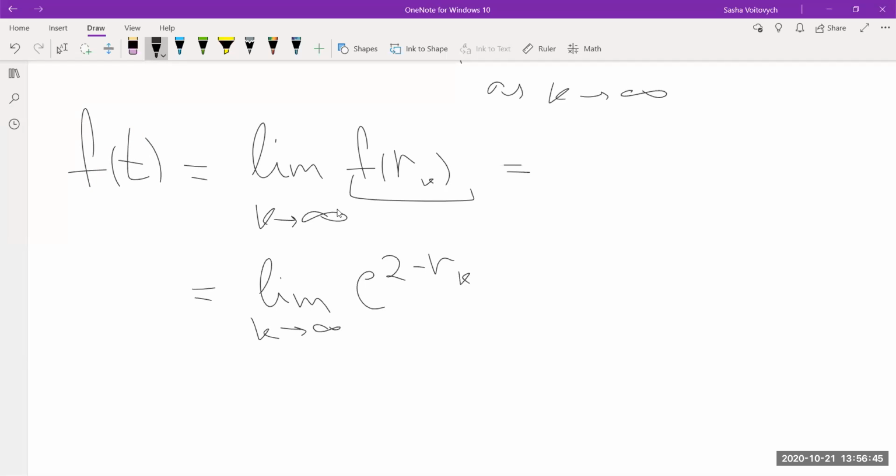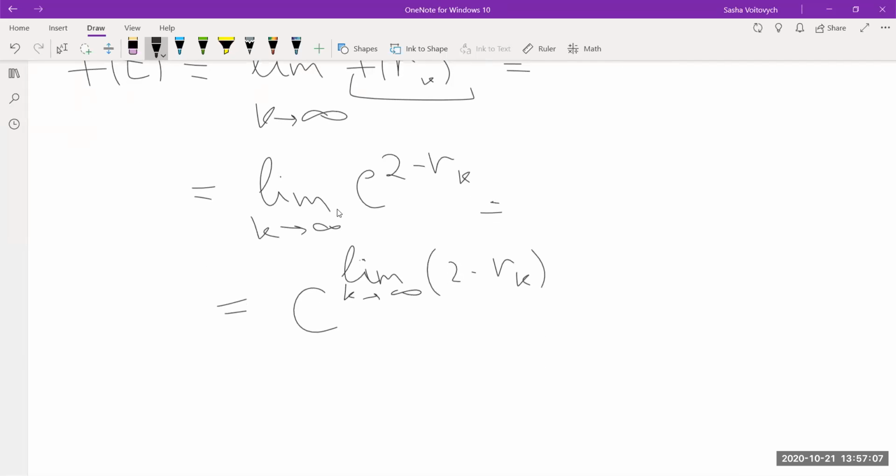So now what? Well, we know that c to the power x is a continuous function if c is greater than 0, which is the case. Then we can write that this limit is equal to this limit as k approaches infinity, which is equal to just c to the power 2 minus t, because rk approaches t.